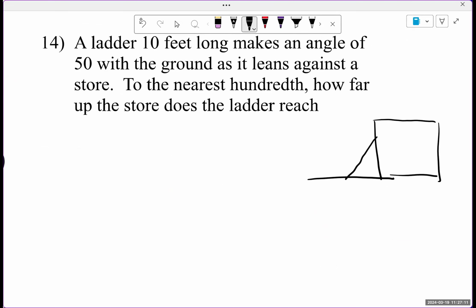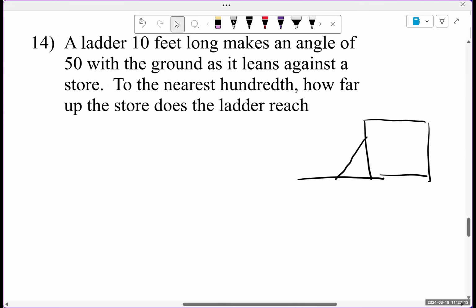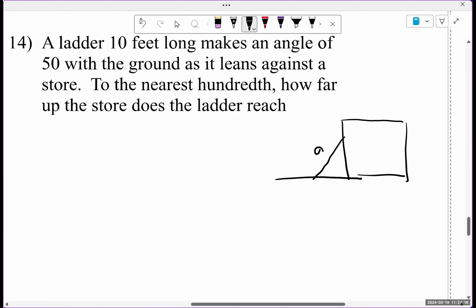How far up the store does the ladder reach? A, B, or C. Where do I put the 10? Yeah, Zoomers, the ladder is 10 feet long. Where do I put the 10?